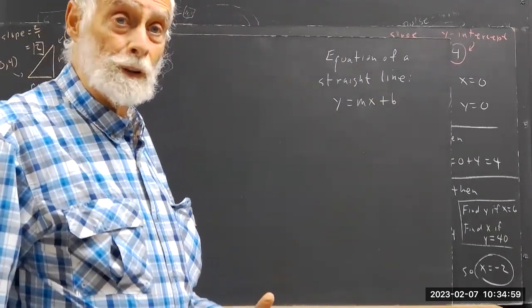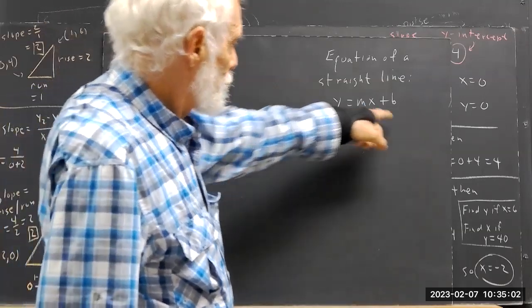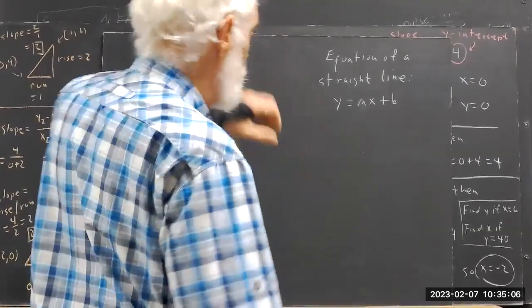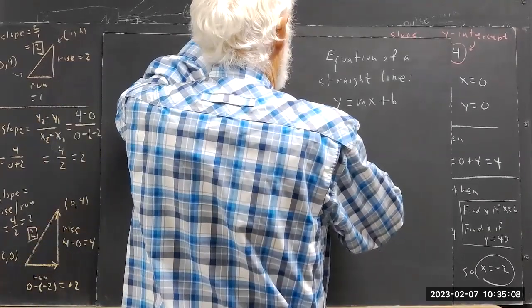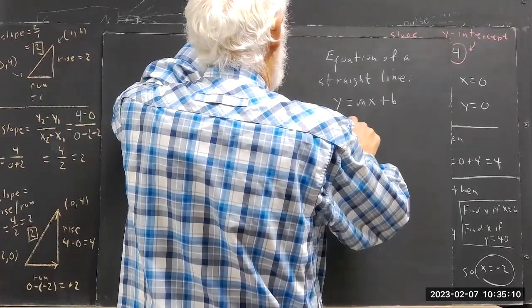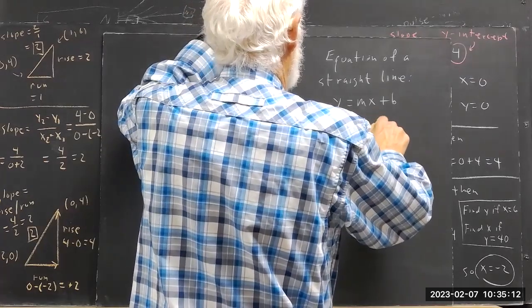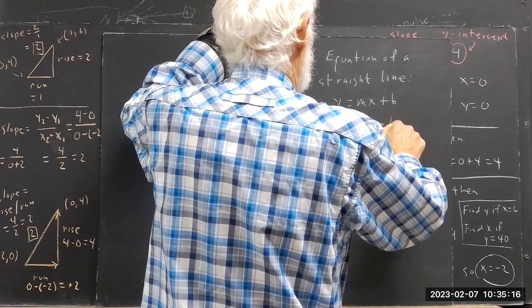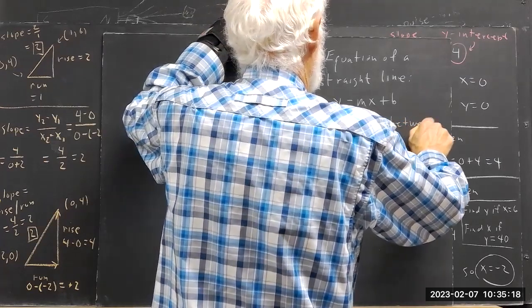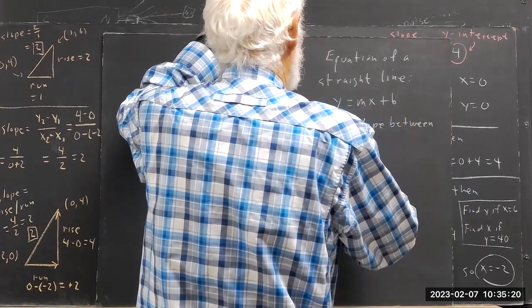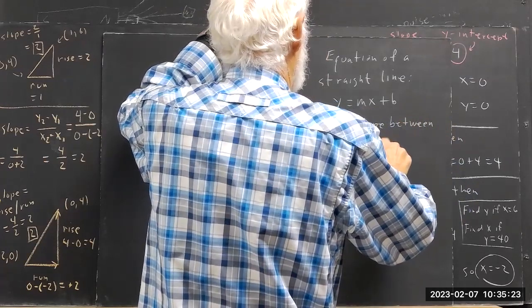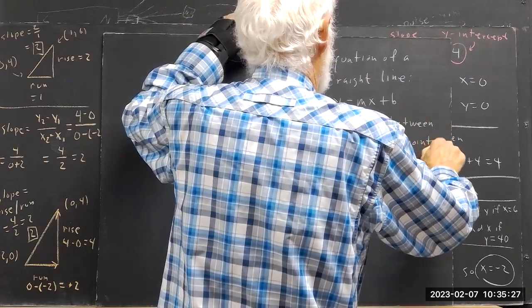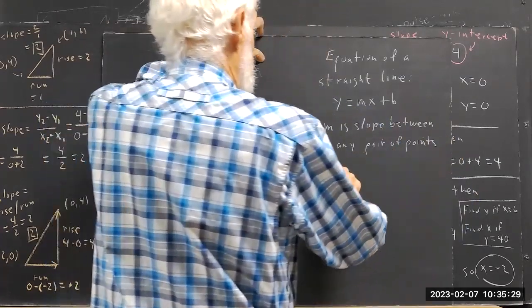Almost any textbook you see tells you that's the standard equation of a straight line. m is the slope, found from any pair of points.